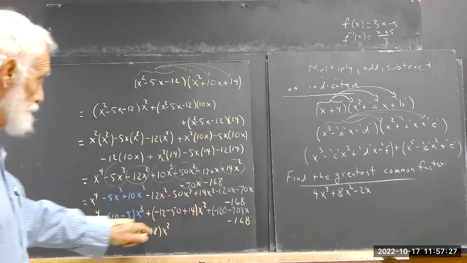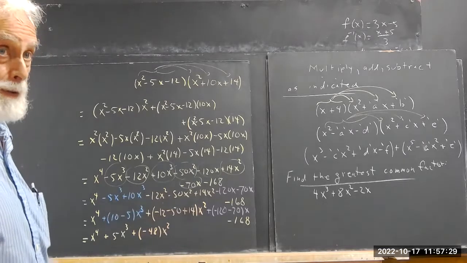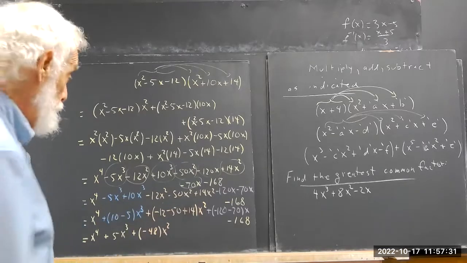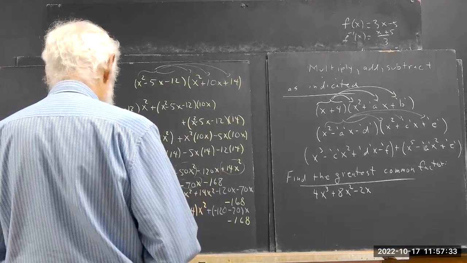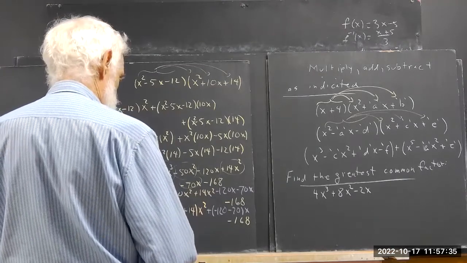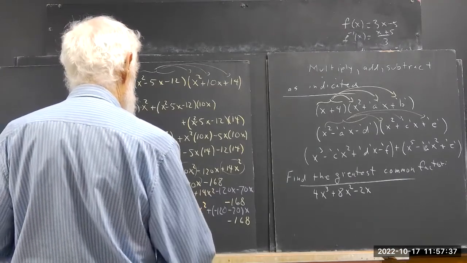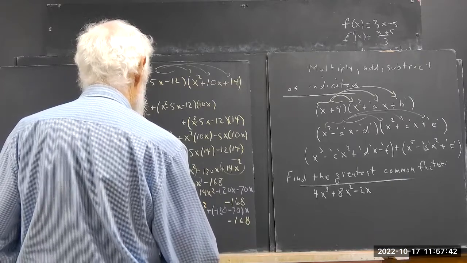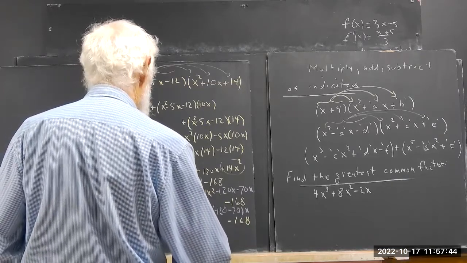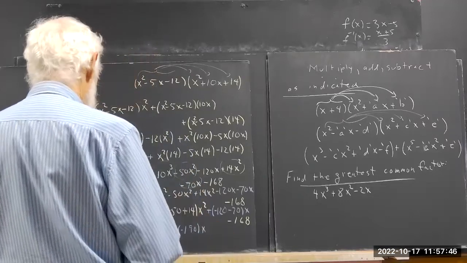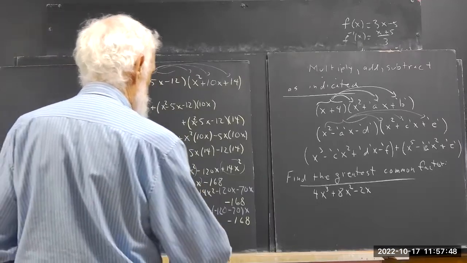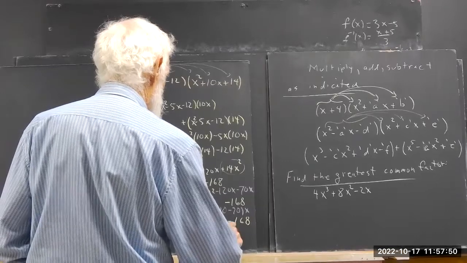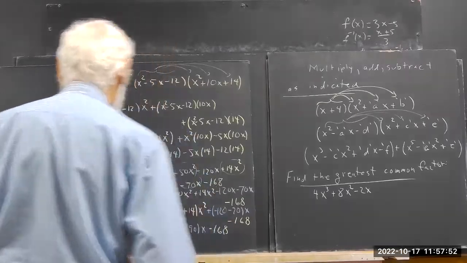But we're going to keep all the signs here and do the final simplification to make sure we understand all the details. And then it's going to be plus a negative 190x minus 168.